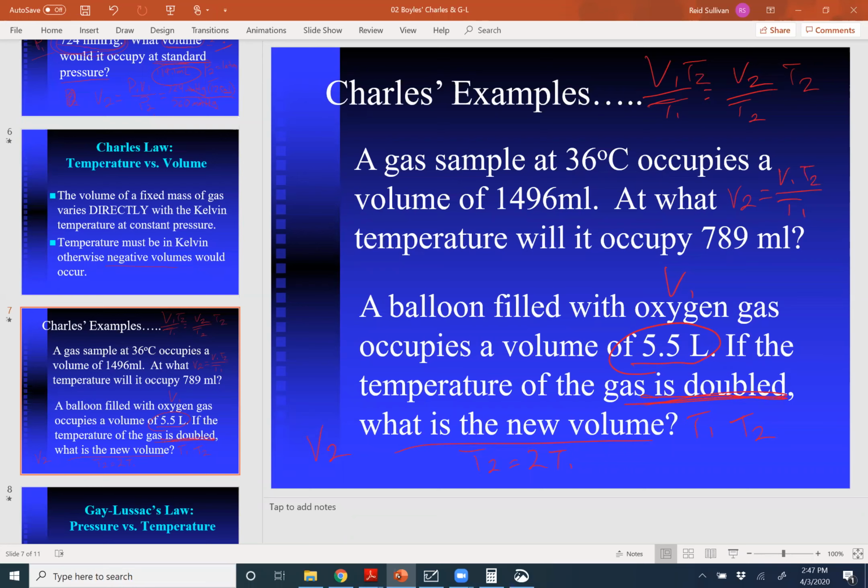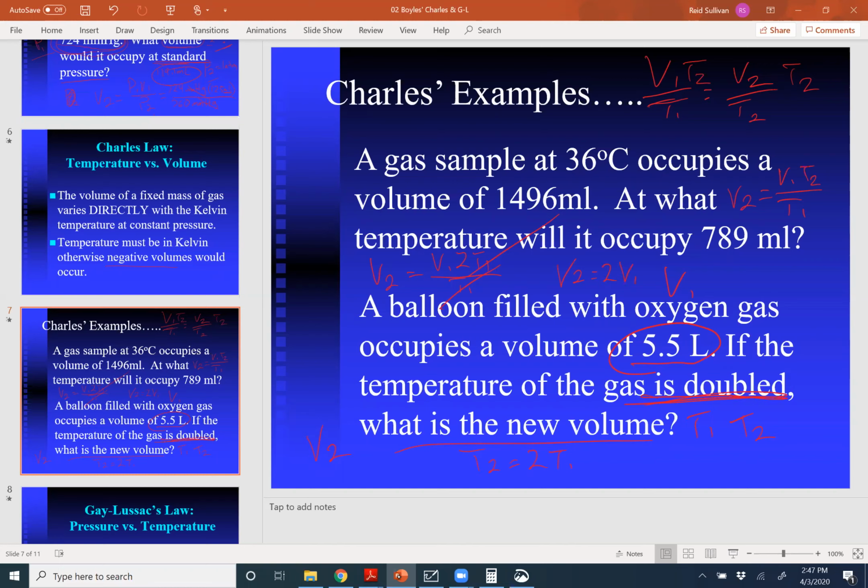But remember, we just said that temperature 2 is just 2 times temperature 1. So we can rewrite this as volume 2 is equal to volume 1 times 2 times temperature 1 all over temperature 1. So the temperature 1's cancel. And so volume 2 is just equal to 2 times volume 1.